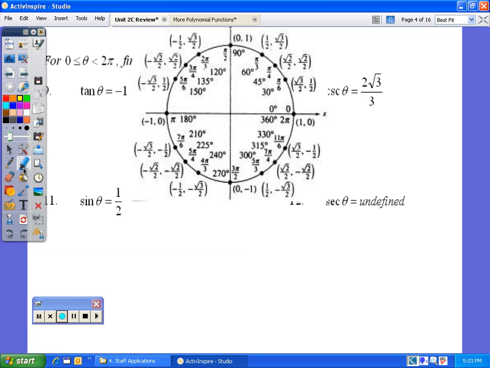Alright, so we look. Sine is the second number, so it is 1/2 here at pi over 6 and here at 5 pi over 6. In the other two sections, it's negative, so I can't use those. So pi over 6 and 5 pi over 6.